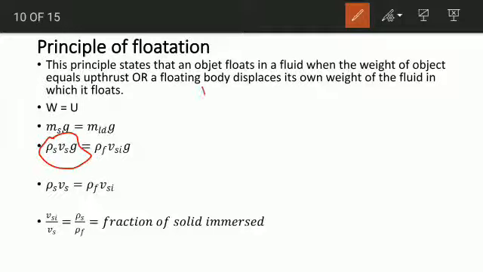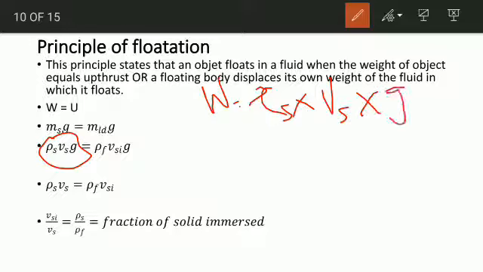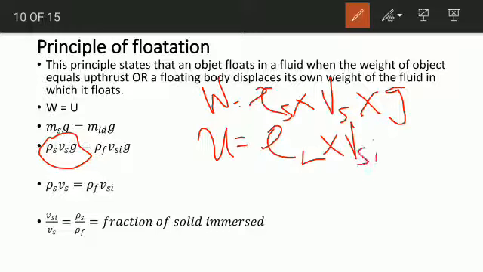So the weight of a solid is equal to the density of that solid times the volume of the solid times acceleration due to gravity. It's the same thing with upthrust: upthrust is the density of liquid times the volume of solid immersed, then times acceleration due to gravity.